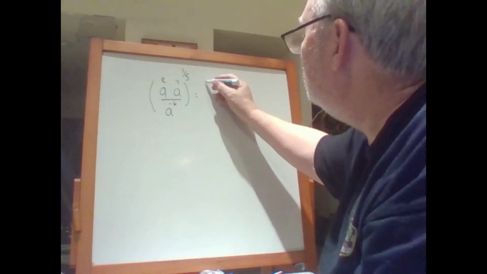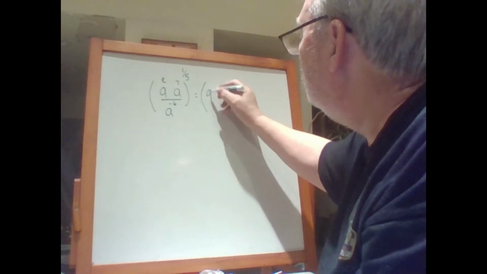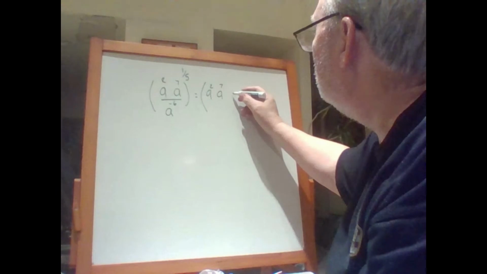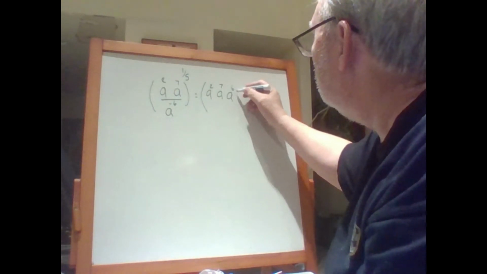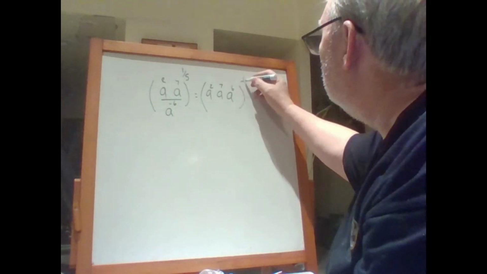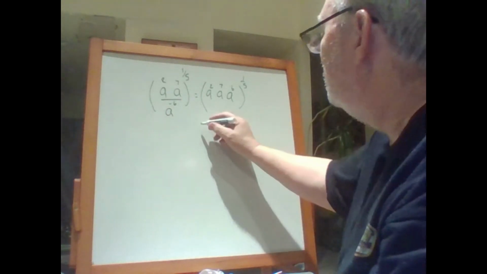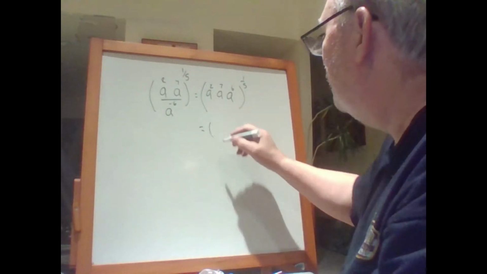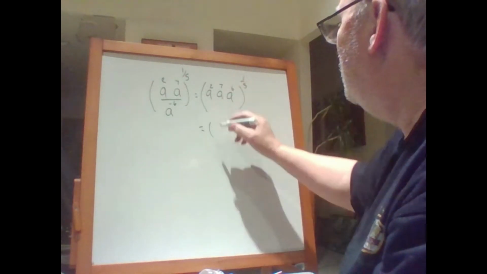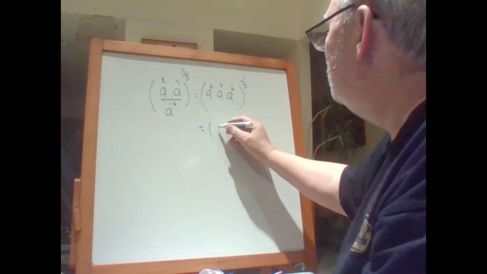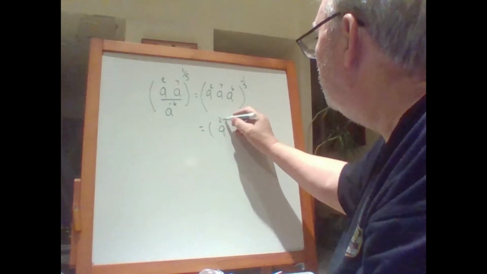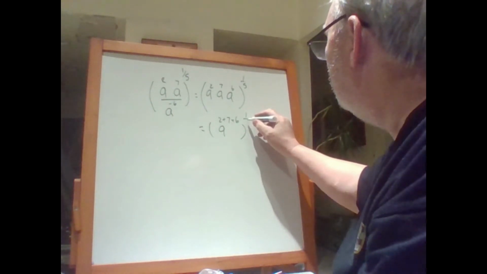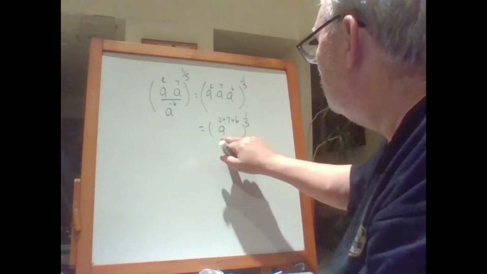And this is a squared times a to the 7th times a to the 6, all to the 1/5. Well, now we can use the law of exponents, and we've got a to the 2 plus 7 plus 6. That looks like a 9.